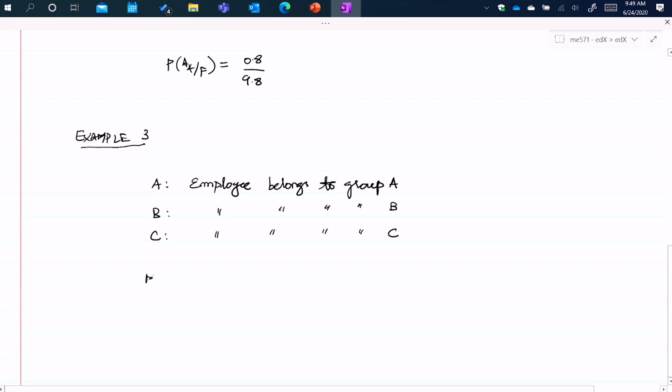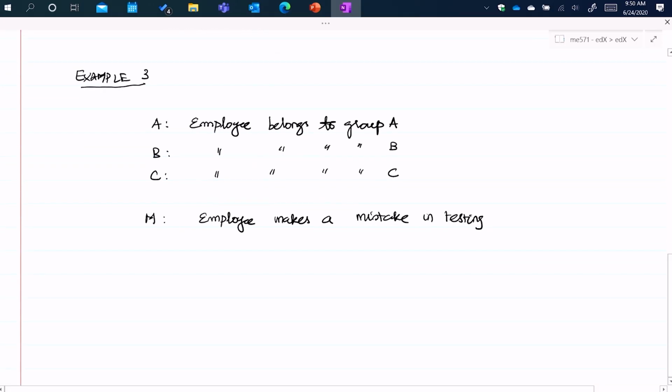Then we're going to define an event M: M is the employee makes a mistake in testing. And it can occur because an employee belonging to group A makes a mistake, or an employee belonging to group B makes a mistake, or an employee belonging to group C makes a mistake.